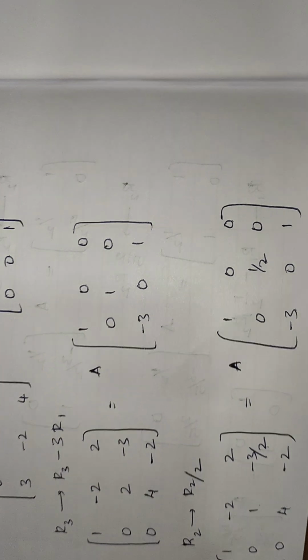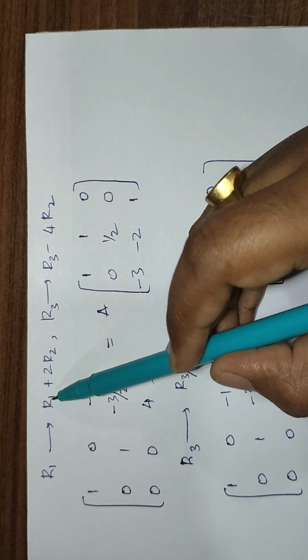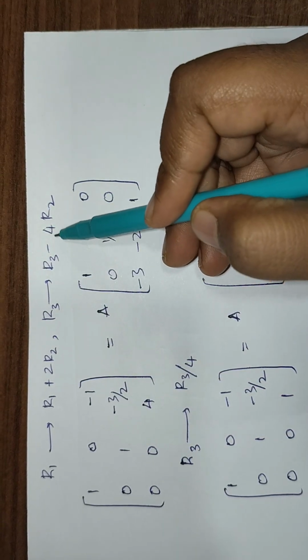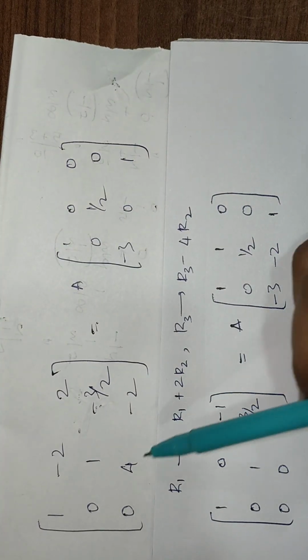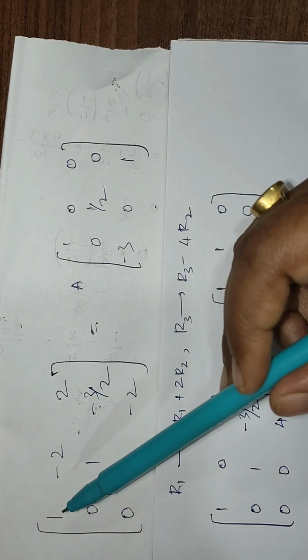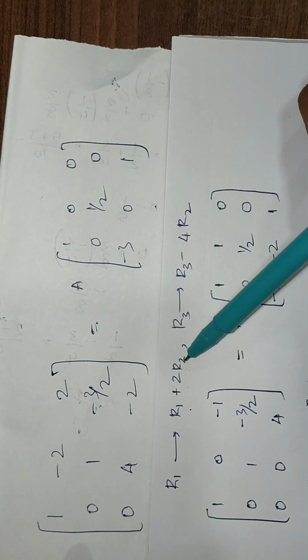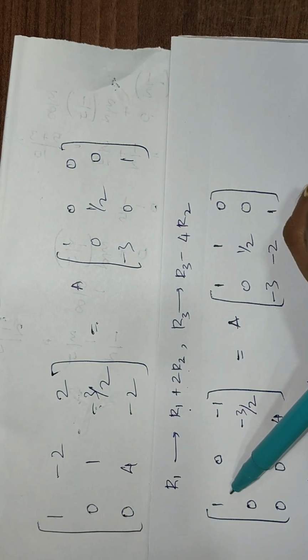For that, the transformation used is R1 changing to R1 plus 2R2 and R3 changing to R3 minus 4R2. Using this transformation, for row 1, 1 plus 2 into 0, that is 1.